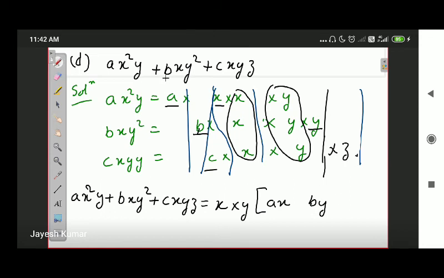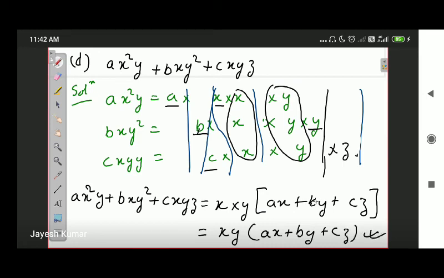Then we will see the signs, all the signs are positive, so plus and plus. So this will be xy into ax plus by plus cz. This will be its factorization.